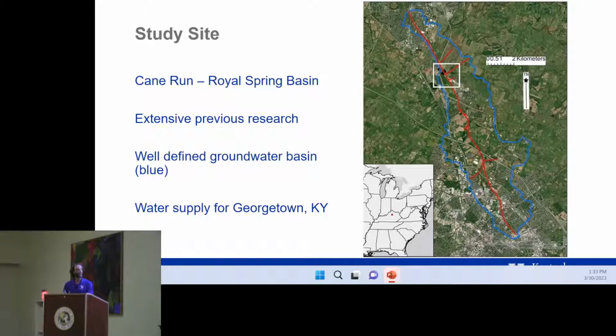John Thrailkill and a bunch of others more recently, Jim Currens, Randy Paylor, and Jimmy Fox, have all done a lot of work on this system to quantify the conduits and the behavior of solutes and sediments as they move through. But most of that work has focused on the spring, some of the surface systems, and the well that intersects the conduit. Not much work has been done to connect these adjacent wells to the conduit.